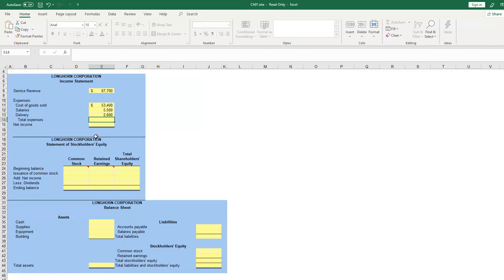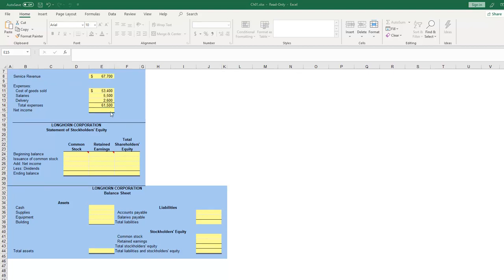All right, this is going to give us our total expenses. You can run these on your calculators at home as well, but I'm going to drop in this number here. We're going to take our total revenues, we only have one in there, and subtract our total expenses. So $67,700 less $61,500 is going to be $6,200. Great, there we go, correct.